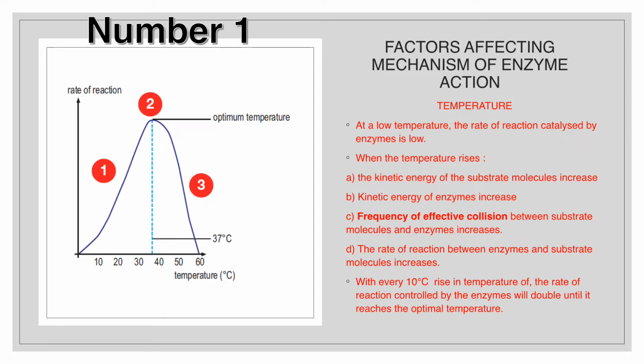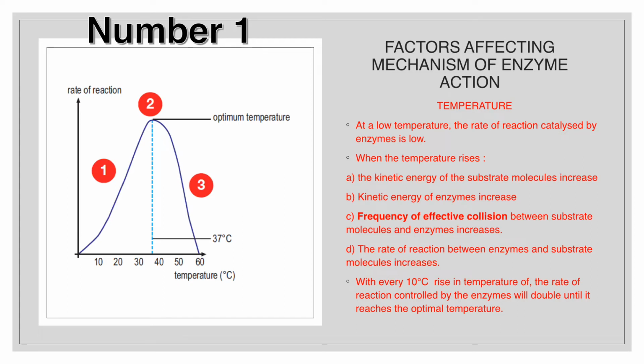Why? This is because the kinetic energy of the substrate molecule increases. The kinetic energy of the enzyme also increases. The frequency of effective collision between substrate molecule and enzyme molecule increases because the kinetic energy for both molecules increases.